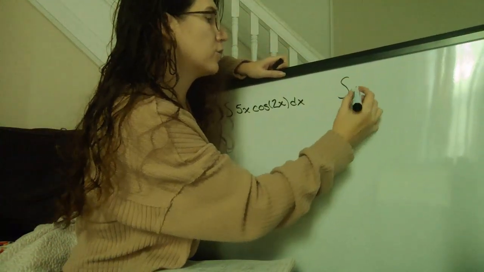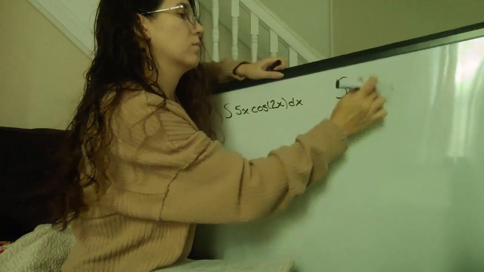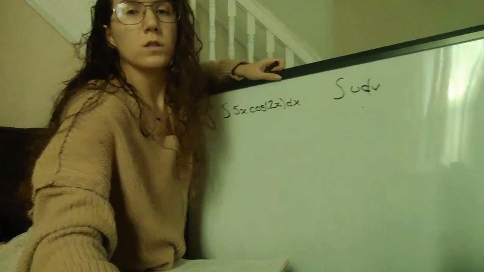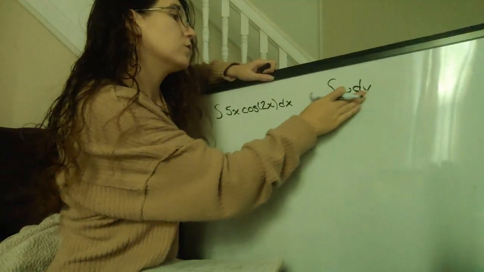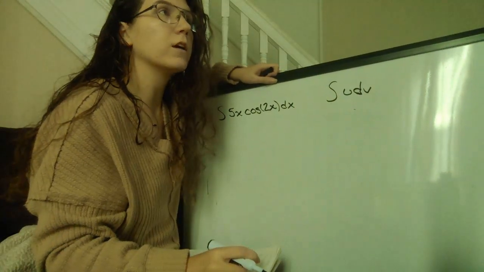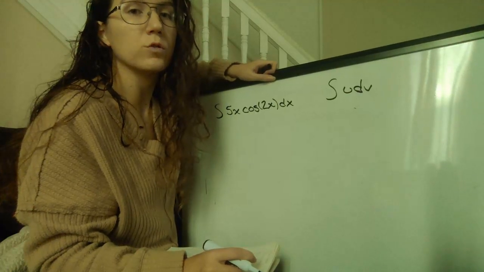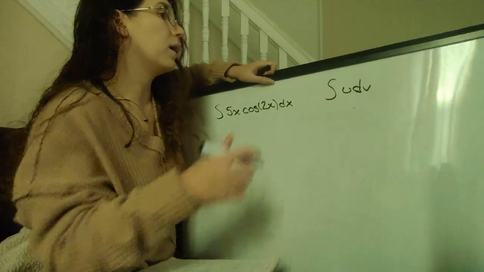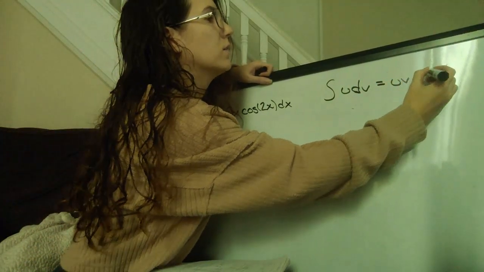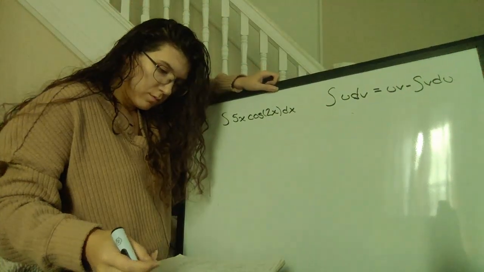If we have the integral of u dv, make sure you can see this, so this is going to be something times something. Whenever we're looking at what technique to use, whenever you have something times something, integration by parts is normally a good way to go. And then this equals uv minus the integral of v du.